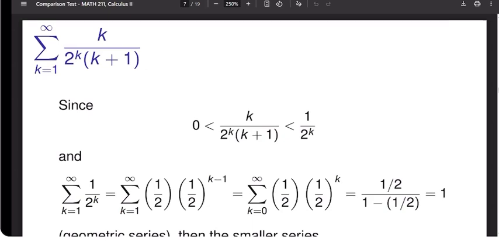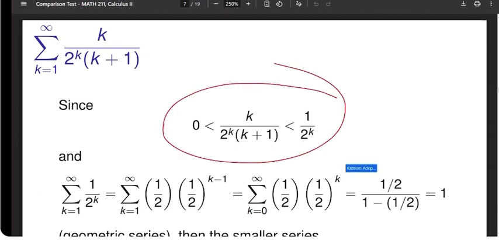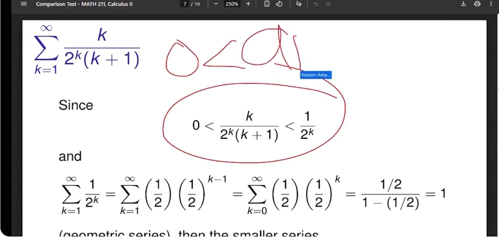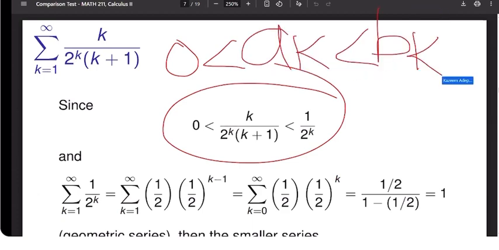Now, this is what we're working on, right? And we're able to establish this fact. You remember from the convergence test, 0 less than AK less than BK, right? Which is what we have right now.